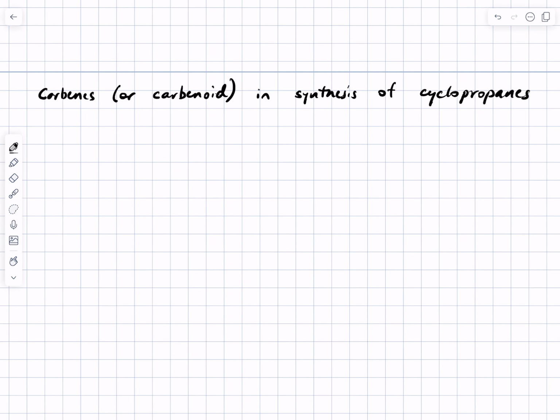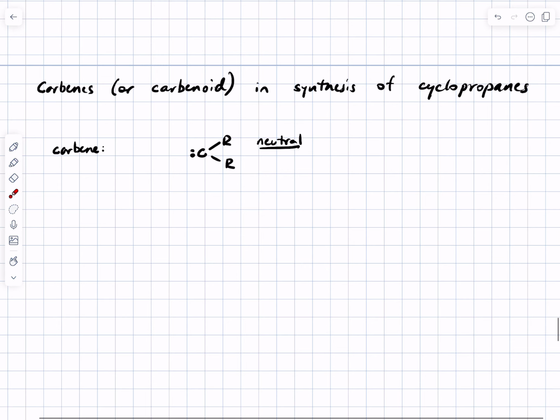As we introduce this, we need to define what a carbene is. A carbene is an unusual species in which carbon is bonded to 2 R groups, but only has 1 lone pair. Notice that this carbon is neutral. It has a 0 formal charge. The carbon is surrounded by 3 groups, but this carbon only owns 1, 2, 3, 4 electrons: all of the electrons in its lone pair, and then half of the electrons in its bonds.